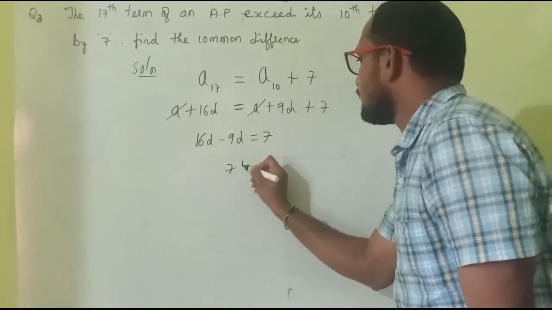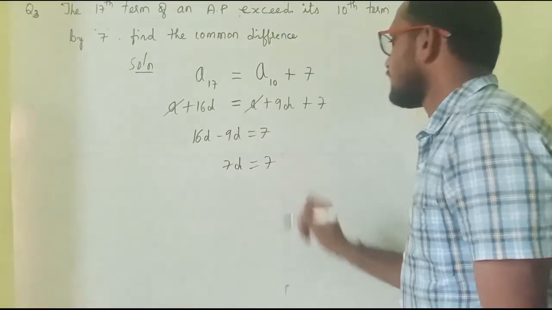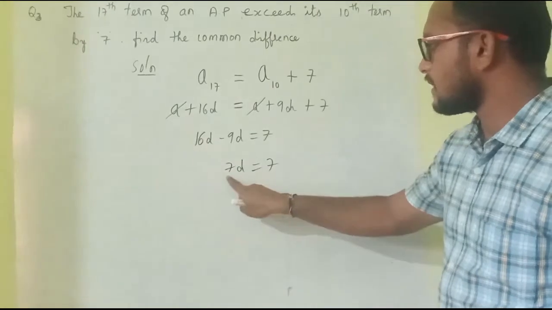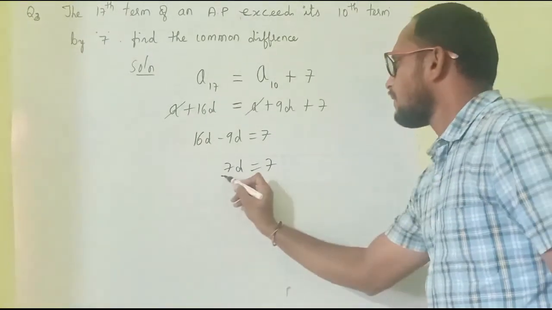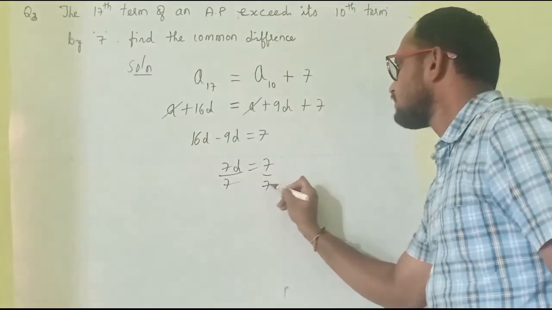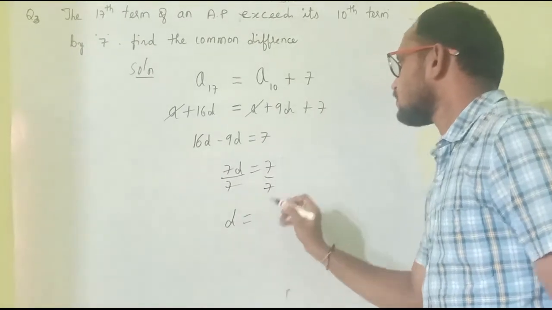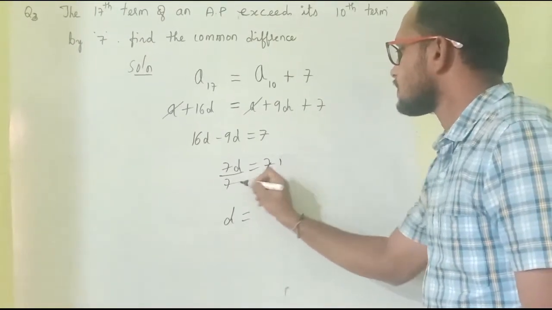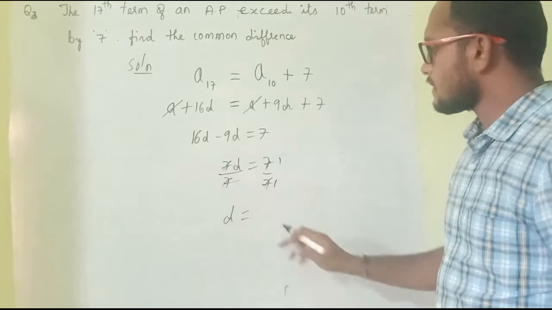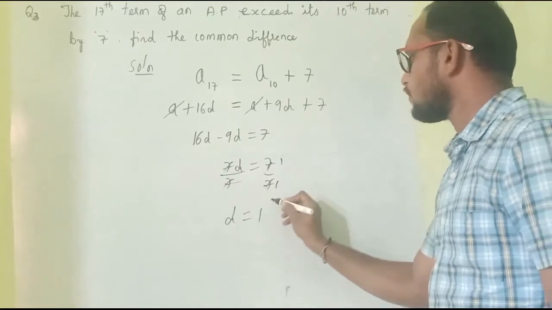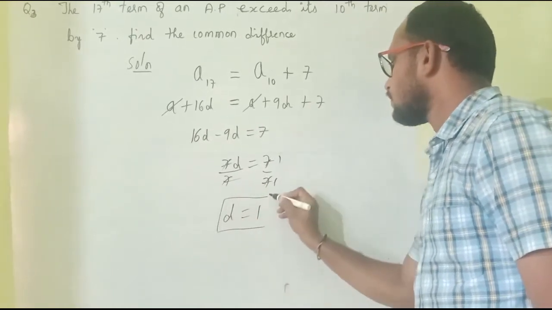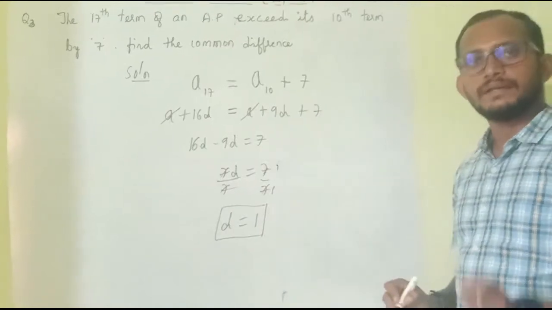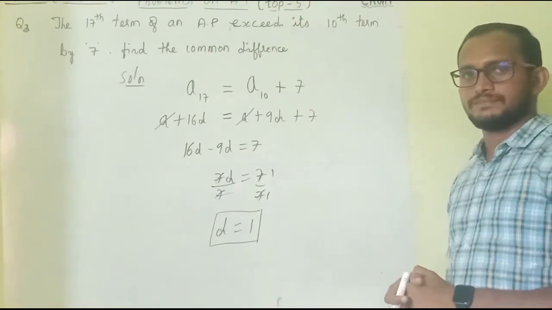That is 7D is equal to 7. You need D, but 7 is attached, so divide both sides by 7. So D is equal to 7 ones are 7, 7 and 7 will cancel. So 1 by 1 means 1. Therefore, the required common difference will be 1.